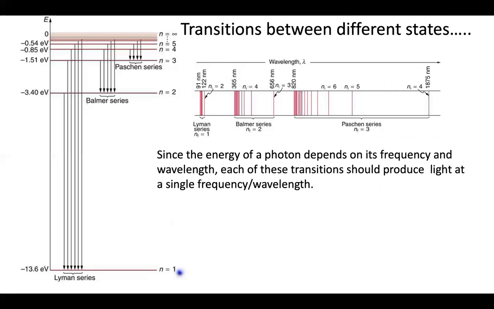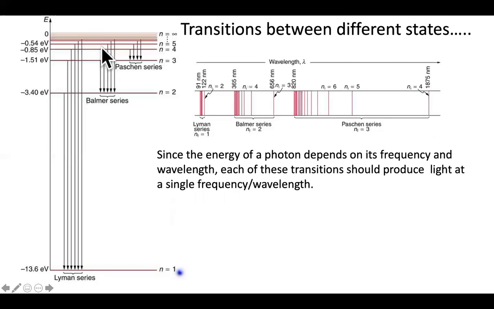So what that means is that that particular light, which is going from 3 to 2, which is the Balmer series, I believe it's this one, produces light with a particular wavelength. Turns out to be 656 nanometers.